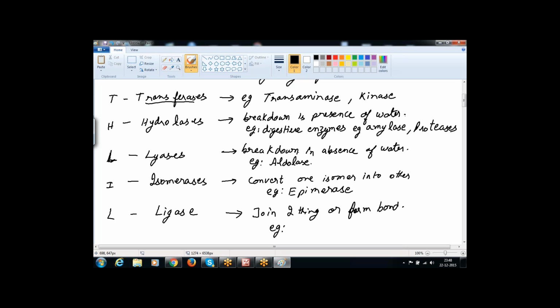And something will come and link those fragments together. That was simple. DNA ligase. Something which is linking the DNA will be DNA ligase. There are many other ligases functioning in our body, but the one we studied was DNA ligase. This is the one which was connecting Okazaki fragments of the lagging strand together.